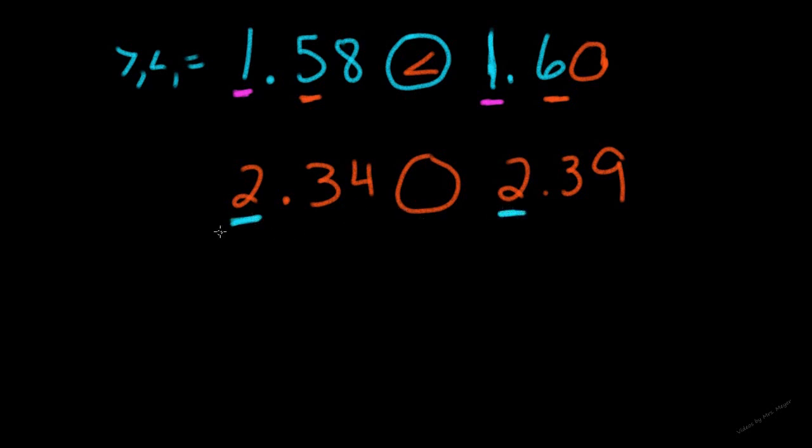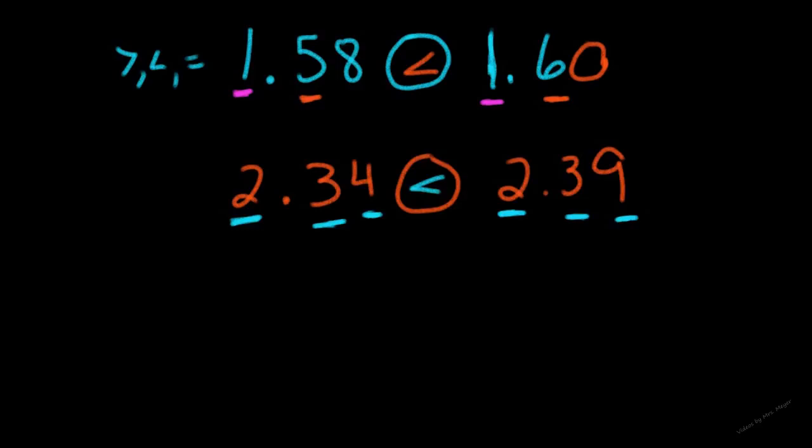Anytime they're both the same digit, you know you got to keep working your way to the right. So I keep working my way to the right. I have a 3, and I have a 3. They're both still the same, so I got to work my way even further right to our farthest place to the right, which is the hundredths place. So now I see a 4, and I see a 9. And we should be able to recognize right away that 4 is less than 9.